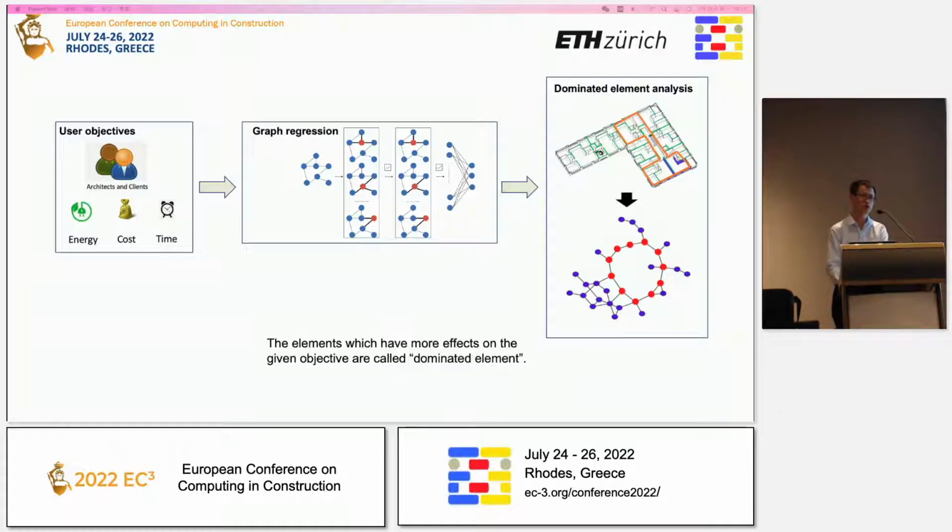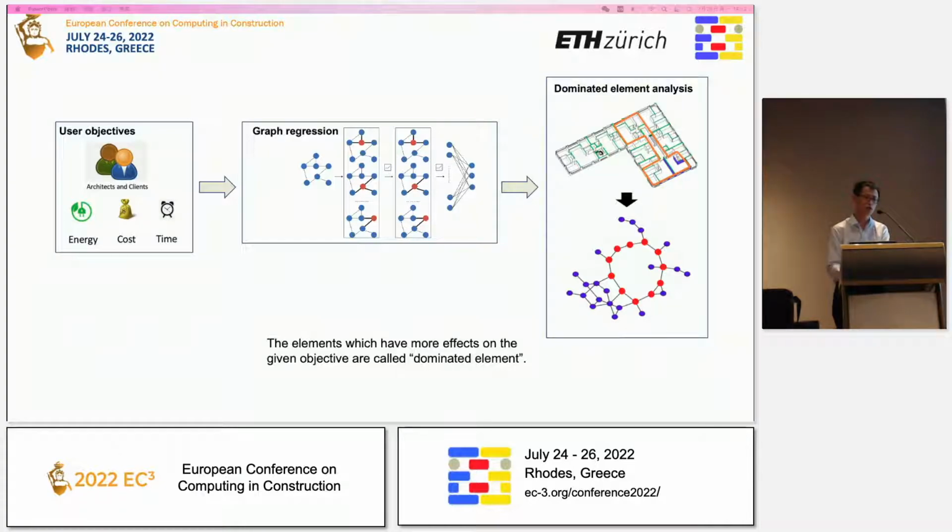The first part is a prediction model, and the second part is an explanation model. For a given objective function, GNN models are used to predict the performance. A simple graph neural network model can be built with multiple graph convolutional layers and fully connected layers.